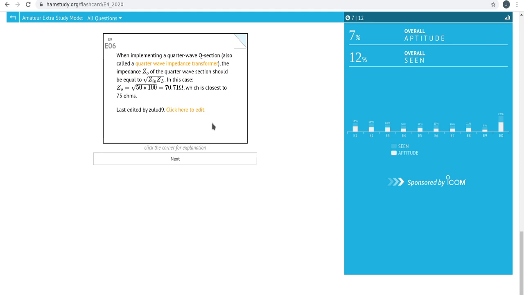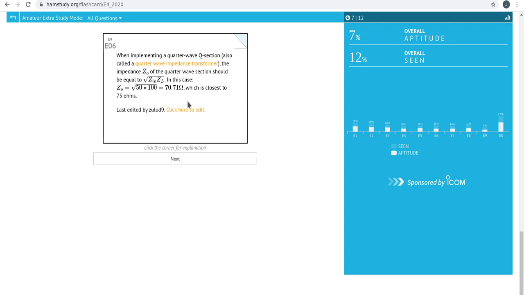In this case, the square root of 50 times 100, which comes to 70.71 ohms, and the closest to that is 75.